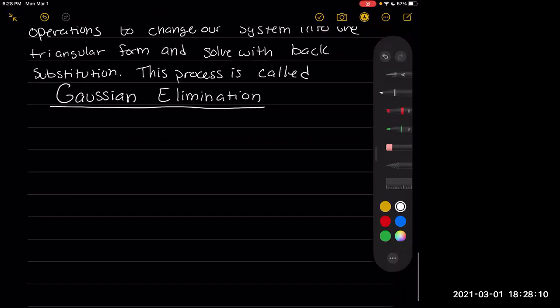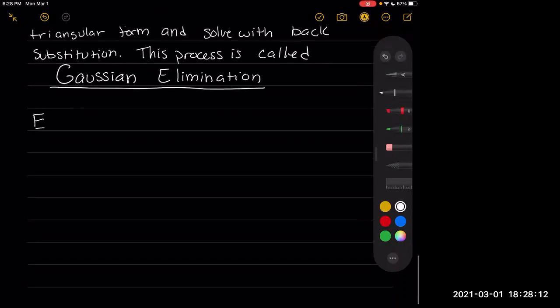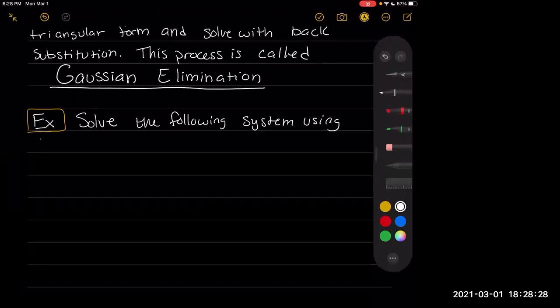All right, so for example, we're going to solve the following system using Gaussian elimination.